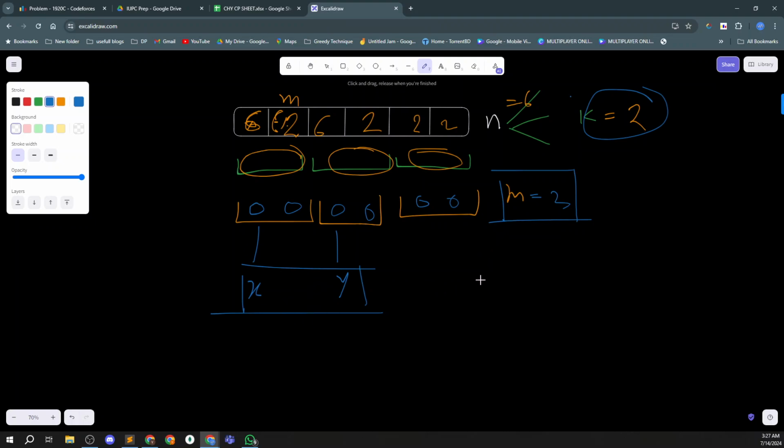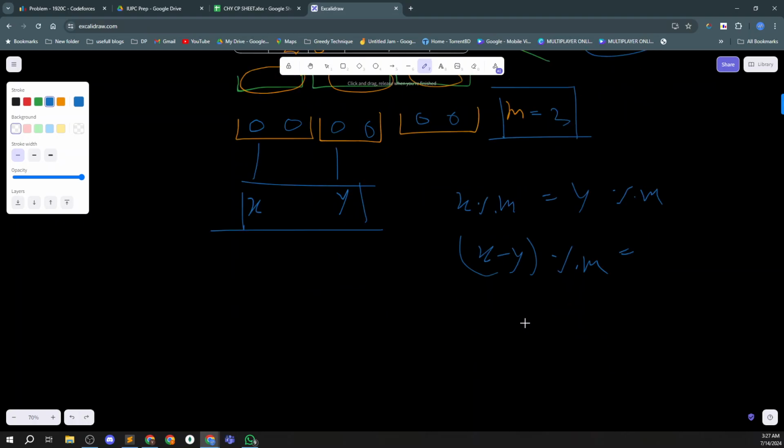If I explain this using mathematical notation, x modulo m has to be y modulo m. If we shift the y here, x minus y modulo m is equal to 0.